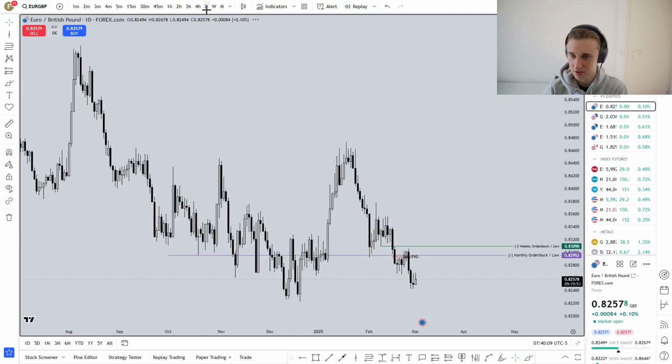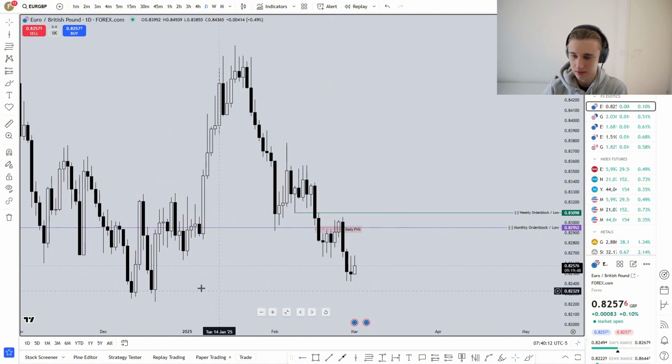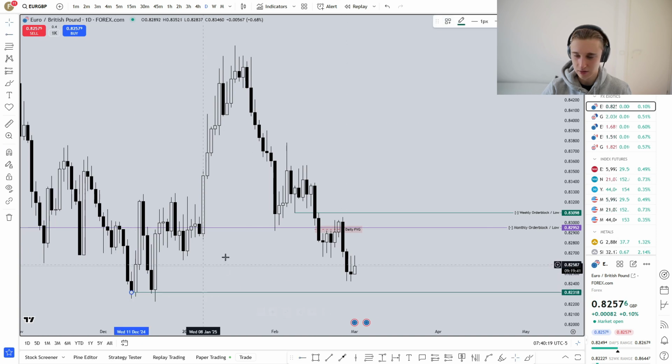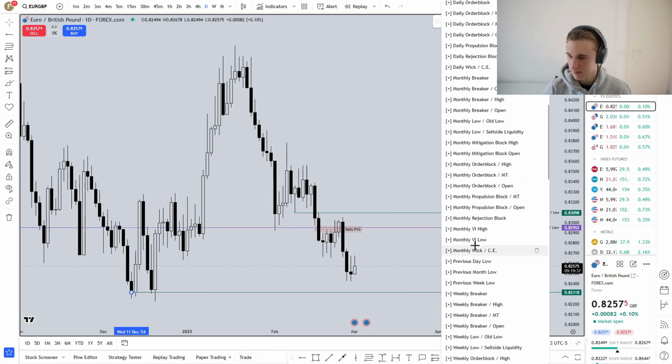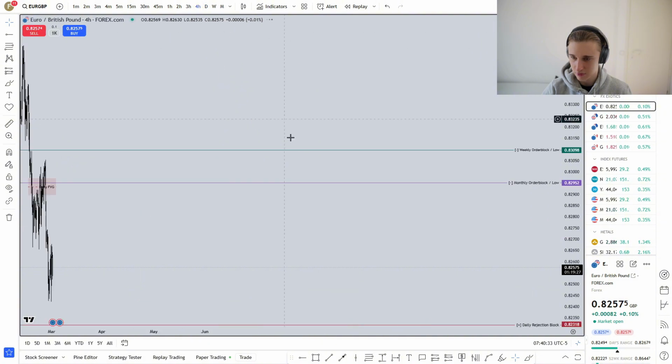Euro GBP should be bearish, Euro weak, pound strong, and we definitely could reach back down into the rejection block of this low right here on the daily. So let me line this out. This will be our target daily rejection block right here. We could sell off. So this is probably a breaker.